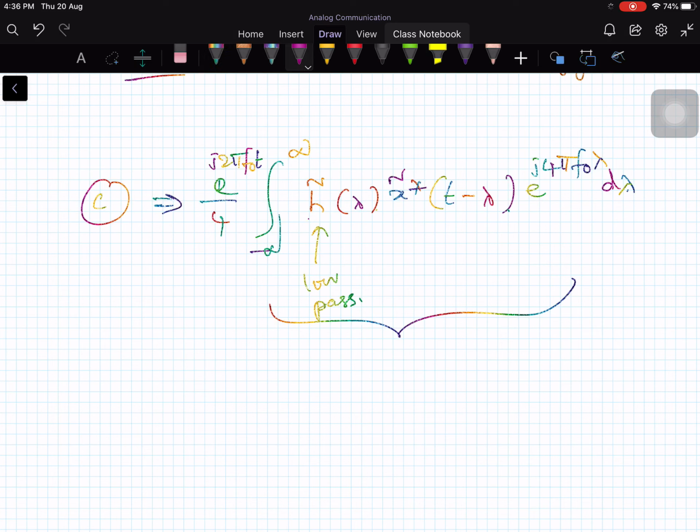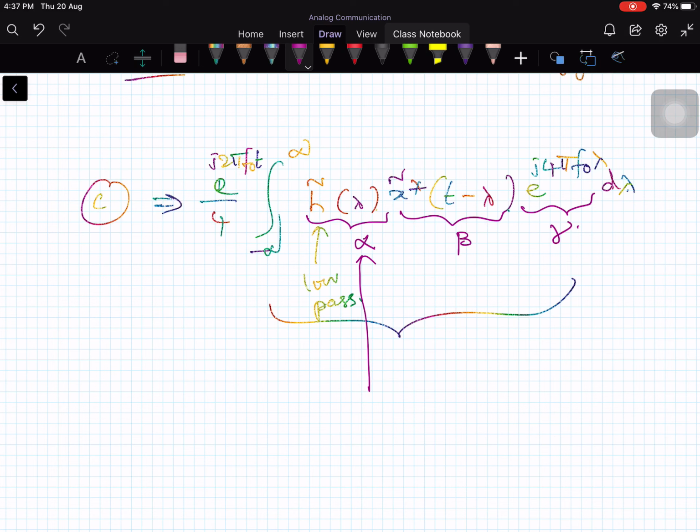You take this term and this term and this term. There are three terms. Let me call this alpha, this beta and this gamma. Okay, now look at this alpha term, h tilde of lambda.